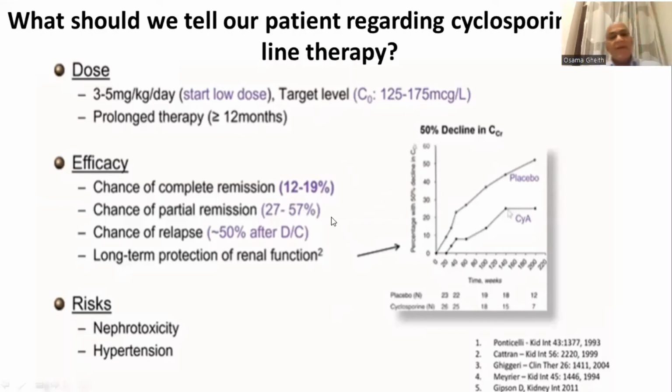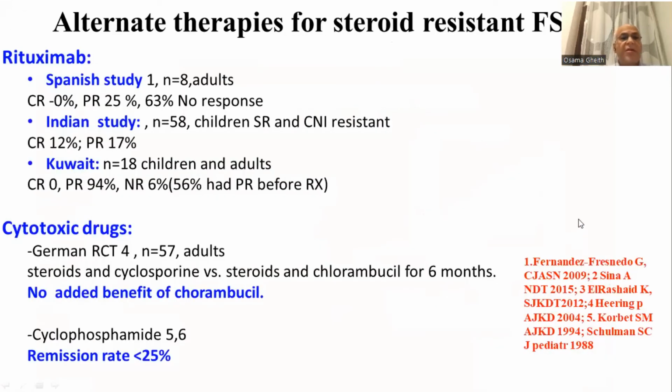And of course, the efficacy with complete remission nearly 12 to 19%, partial remission around 40-60%, and the chance of relapse is 50%. Of course, we have to explain the side effects of cyclosporin regarding the kidney function, nephrotoxicity, and hypertension.